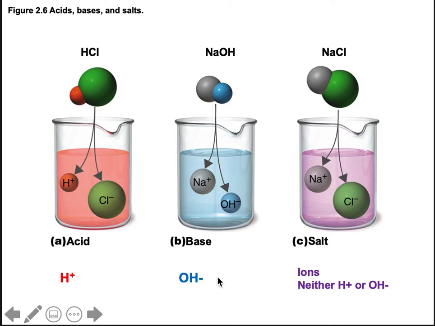So the tricky part about a base is that you could write it this way, where you're going to have some free hydroxide ions, but you could also write low concentration of free hydrogen. So these brackets mean concentration, and here you could put high concentration of hydrogen ions in solution. So a high concentration of hydrogen in solution gives you an acid. A low concentration of free hydrogens will give you a base.